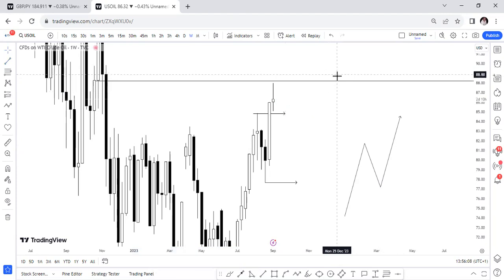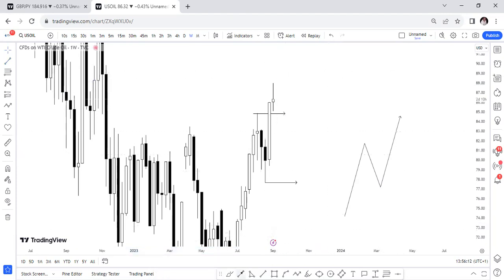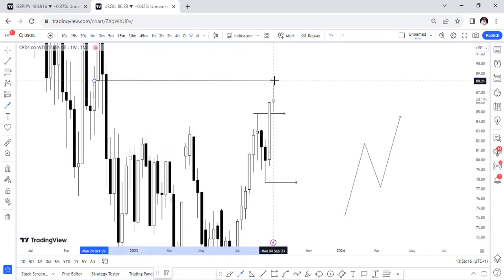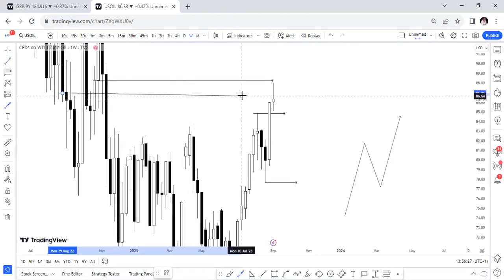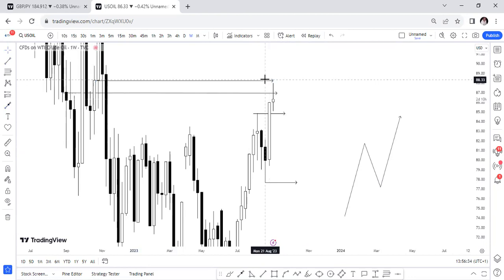Let me use my arrow. You look to your left to see where it is possible that this is reacting to a possible level that is getting a reaction here in the present time.